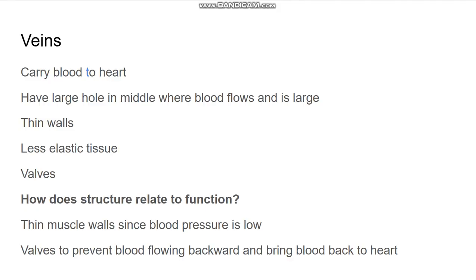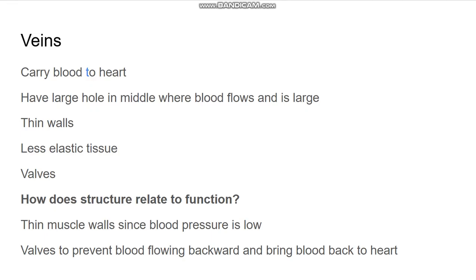Veins still have a lumen, except it's large. And arteries have thick muscle layers and elastic tissue, while veins have thin walls and less elastic tissue. And arteries didn't have valves, but veins do have valves.